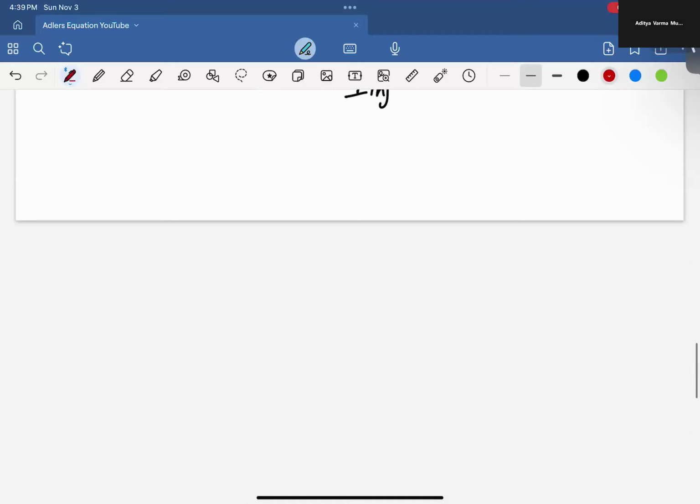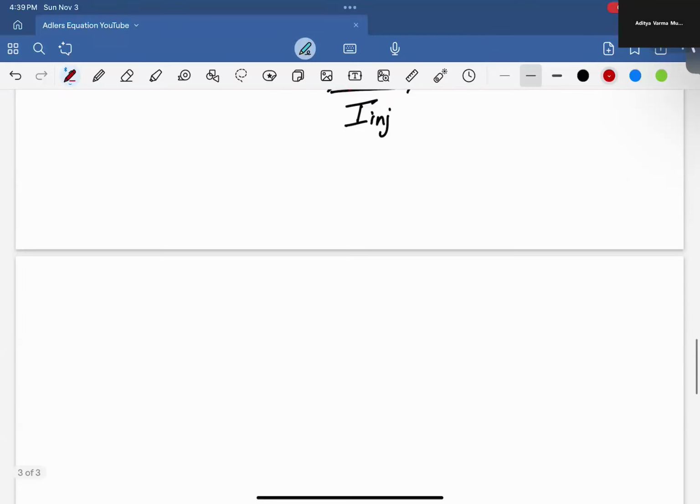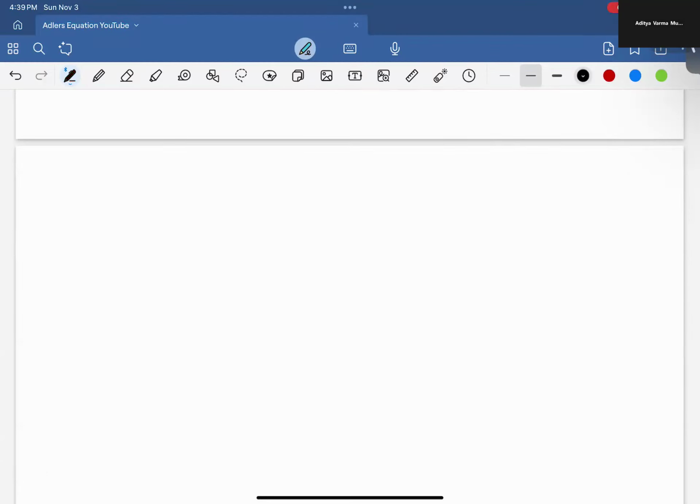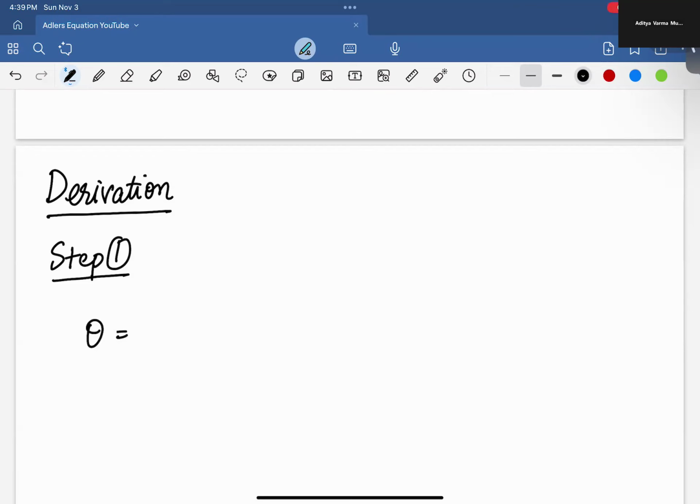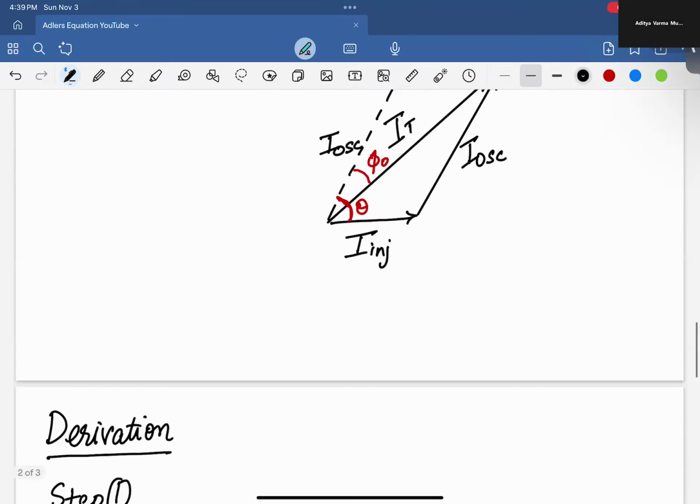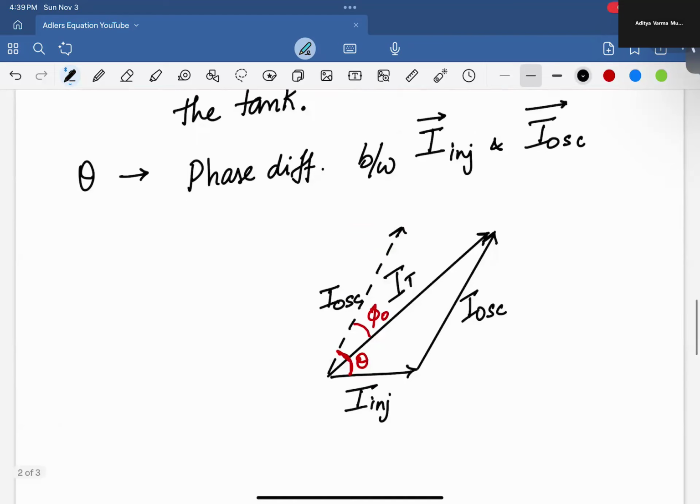So now let's go ahead and do the derivation of Adler's equation. Step one is pretty simple. We said theta is the phase difference between I injection and I oscillation.